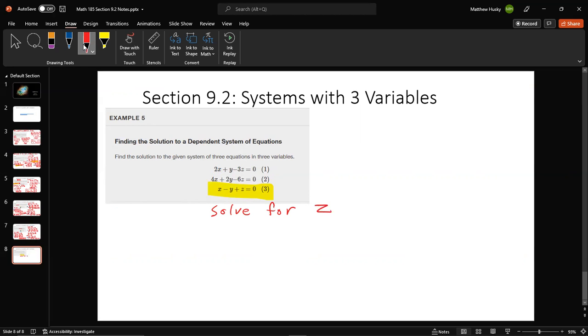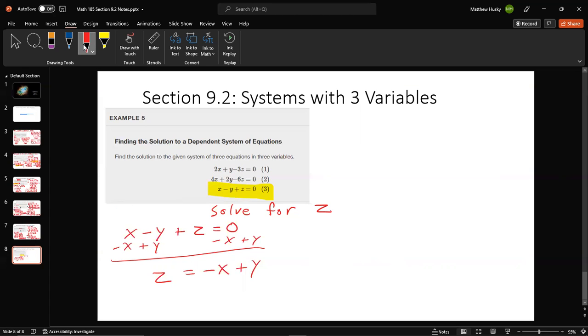That's kind of customarily what they do. So what you would have is x minus y plus z equals 0. If you subtract x and add y, you can get this equation, which is z equals -x plus y.